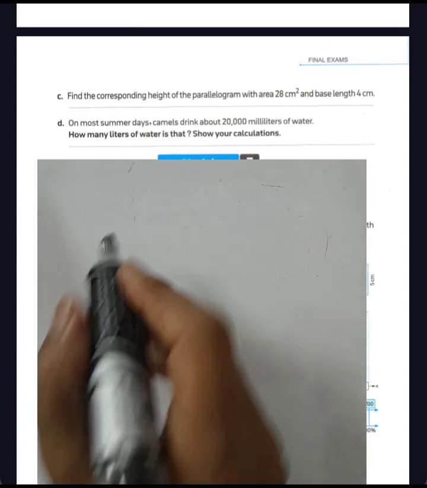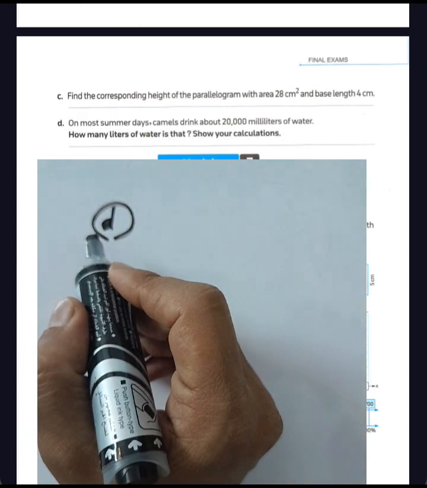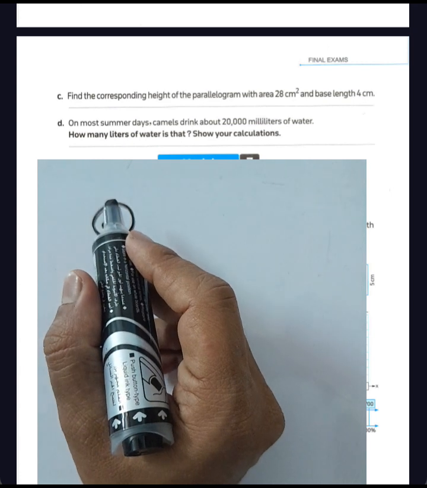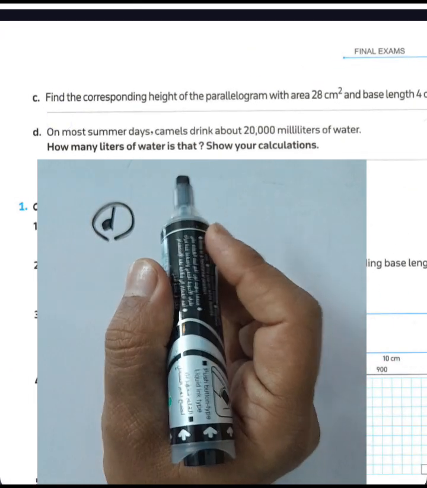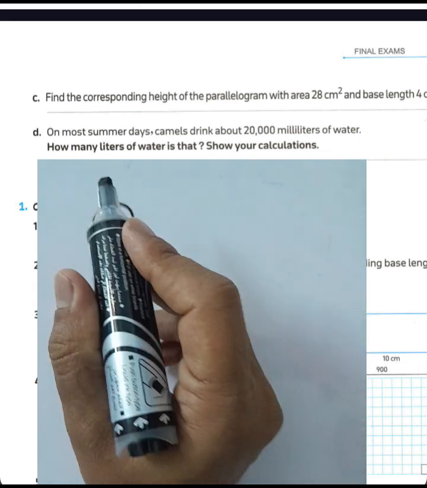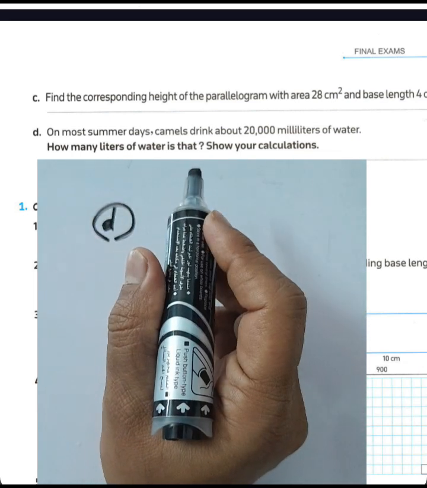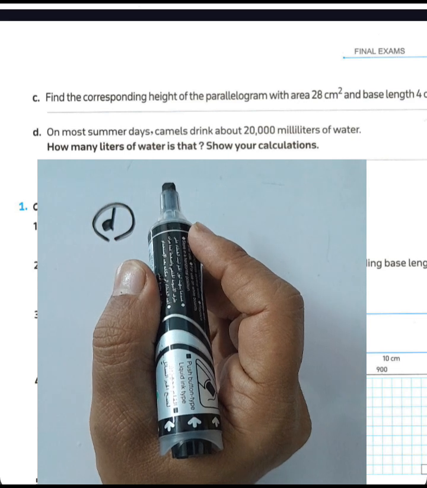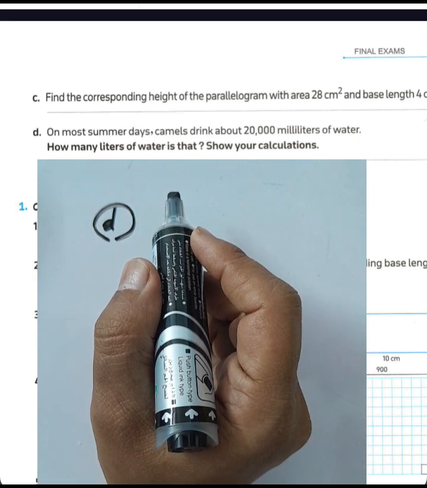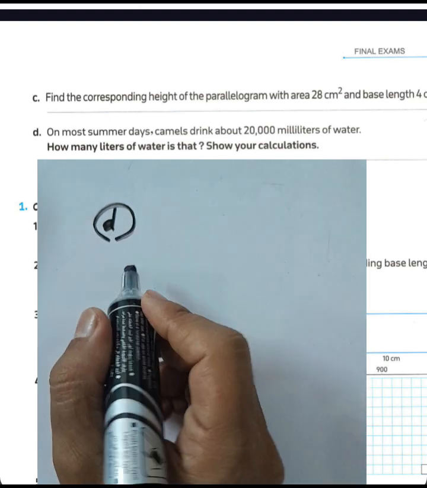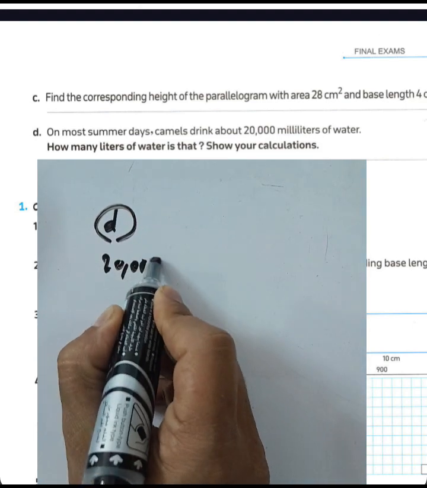Next question, letter D. On most summer days, Gamal drinks about 20,000 milliliters of water. How many liters of water is that? Okay, we can convert from milliliters to liters by using a conversion factor. We have 20,000 milliliters.